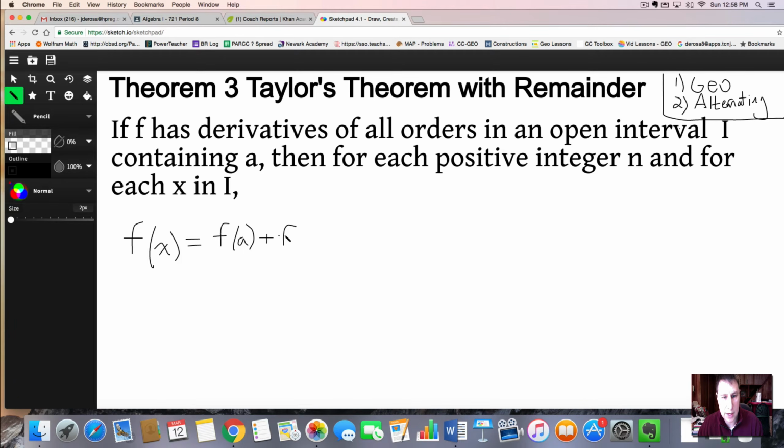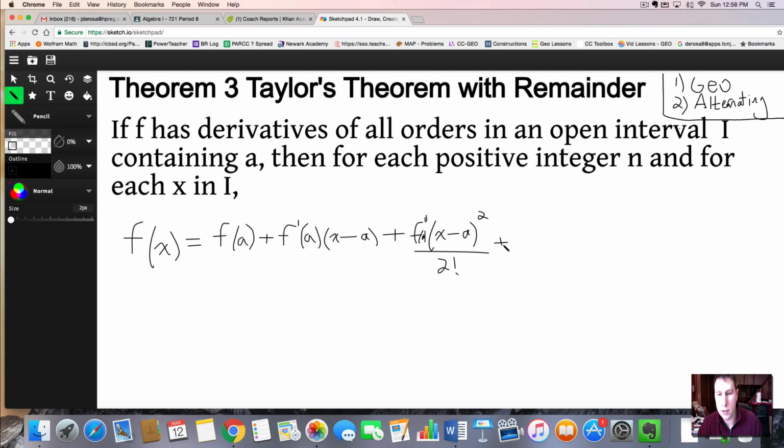It starts with f of a, then we start taking derivatives: f prime of a times x minus a. Then we take another derivative, f double prime of a. And as you take the next derivative, you need the powers to increase. It will be squared as well as factorial.